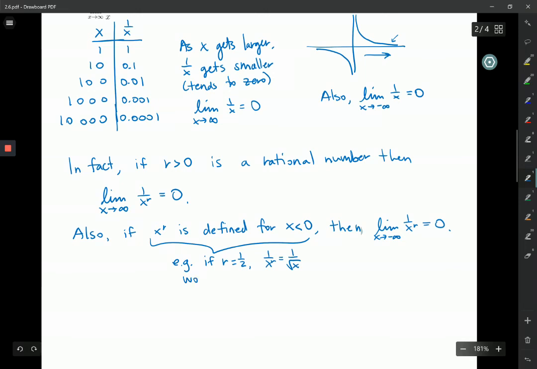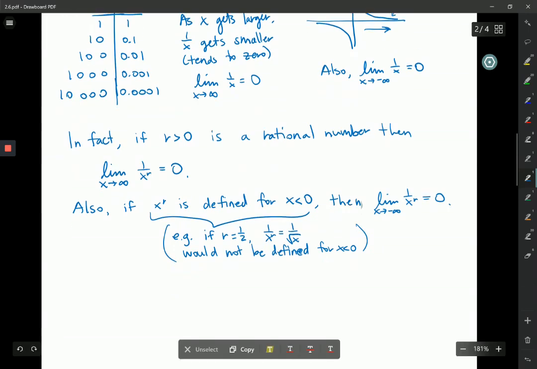So this would not be defined, and that's why we have to be careful with our wording. Okay, but this fact is actually very useful, and we're going to be using it for computing limits. So we use it quite a bit.